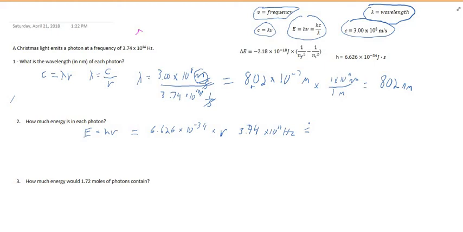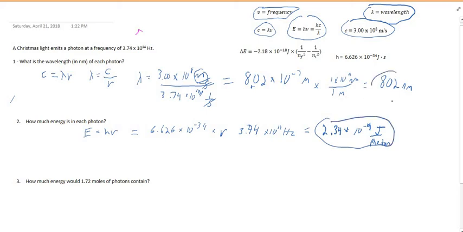And so when I do that, I get 2.34 times 10 to the minus 19th joules, and that is joules for each photon. Joules per photon. So here is my answer to number 2. That's my answer to number 1.